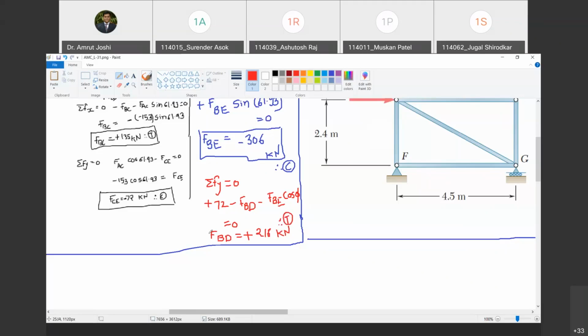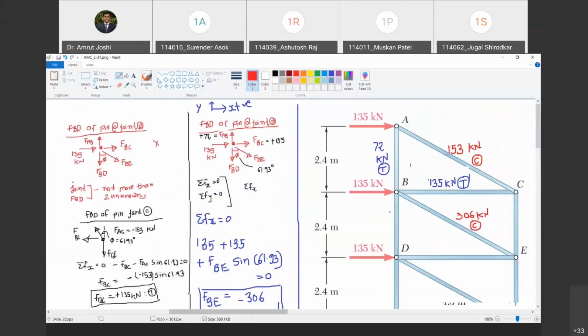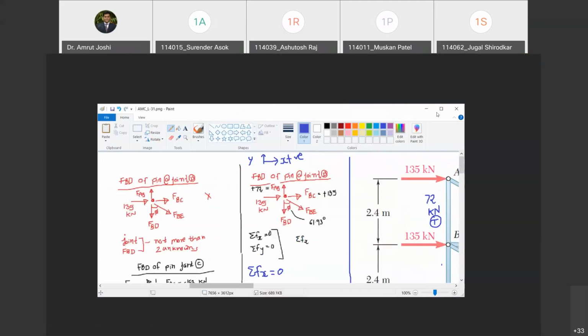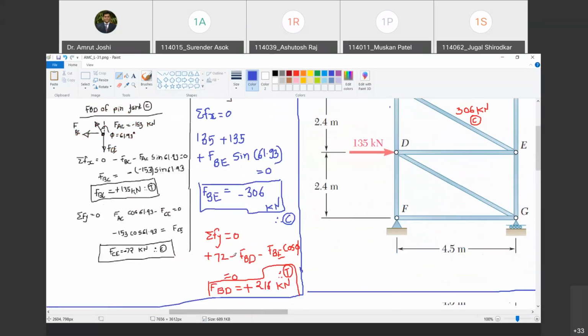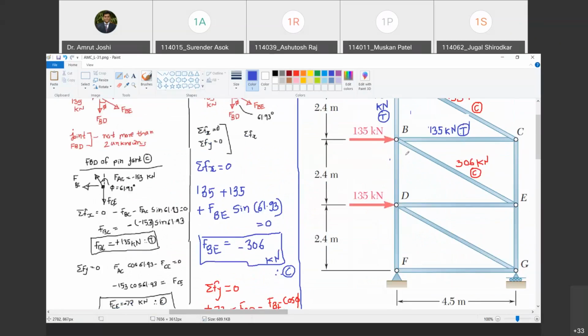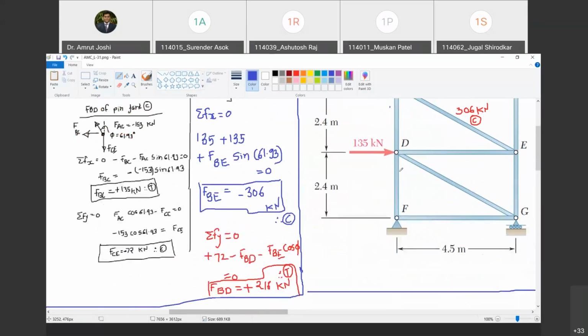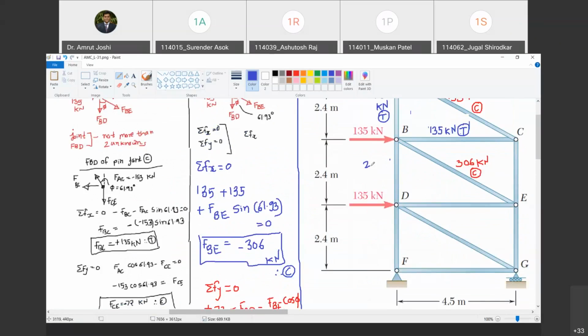Happy? Yes, sir. Now tensile forces I am going to write in blue. Which force are we writing now? FBD. So that turns out to be plus 216 kilonewton tensile.